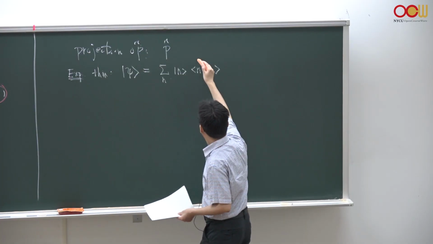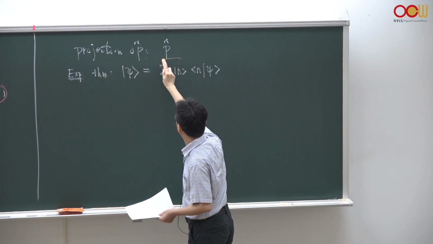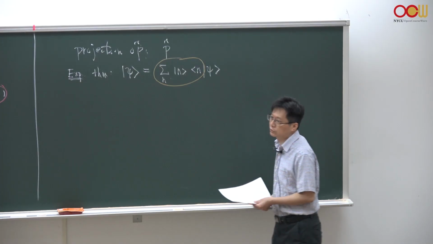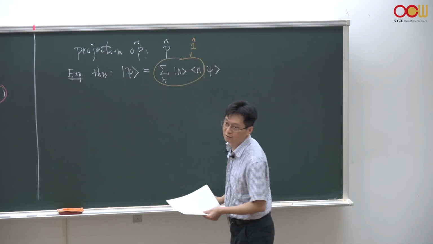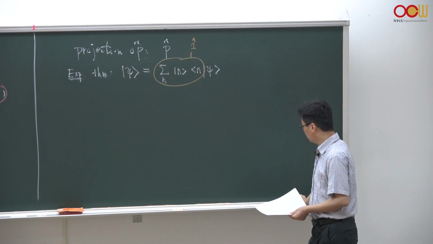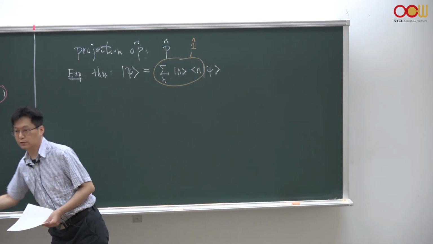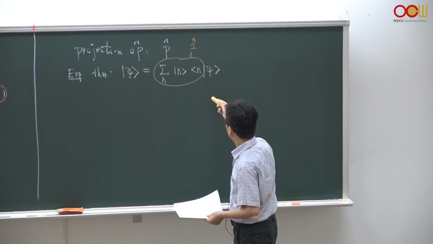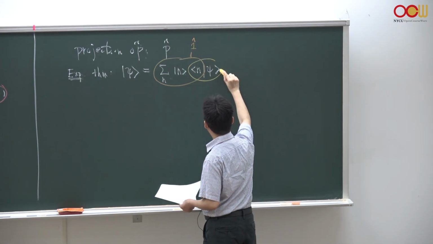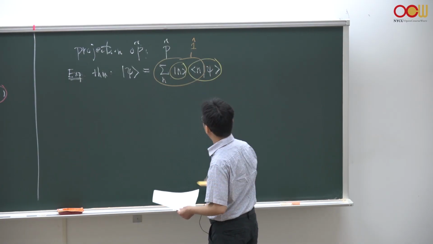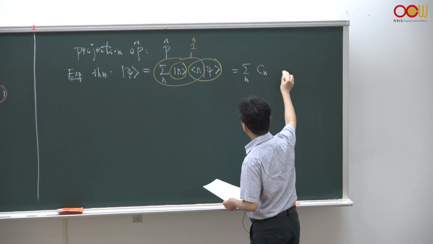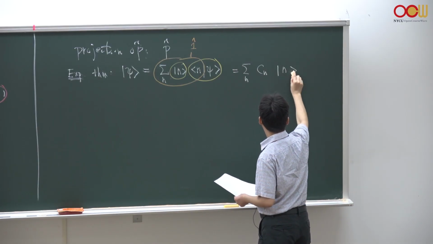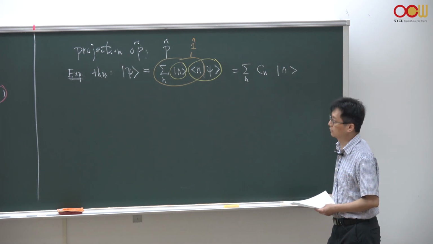Okay, and the way that we show this theorem is that the orange circle is nothing but the identity matrix. Okay, but the advantage that we benefit from this expansion theorem is that we could decompose this kind of expansion in terms of a coefficient Cn times an eigenstate n.